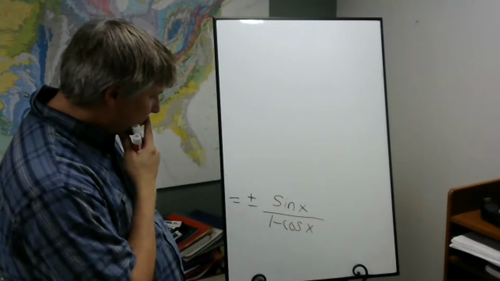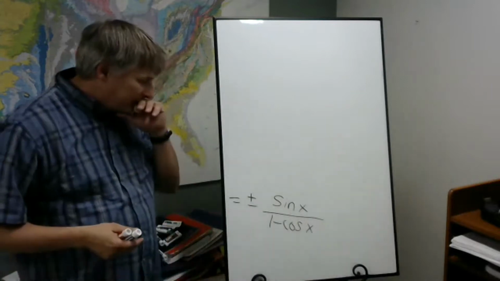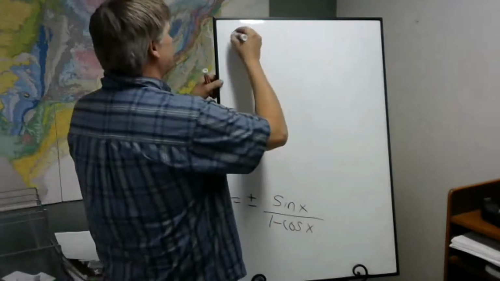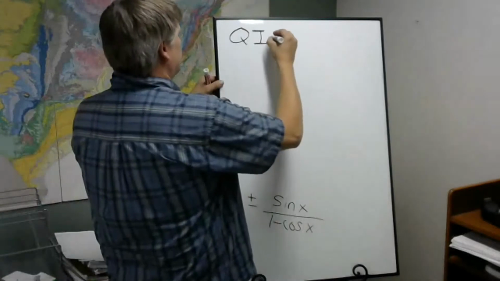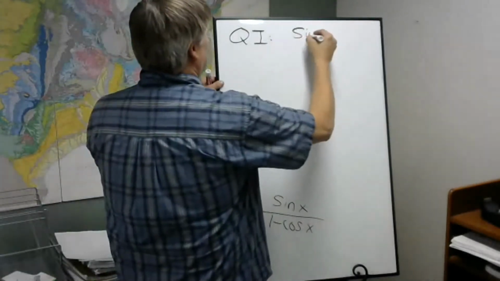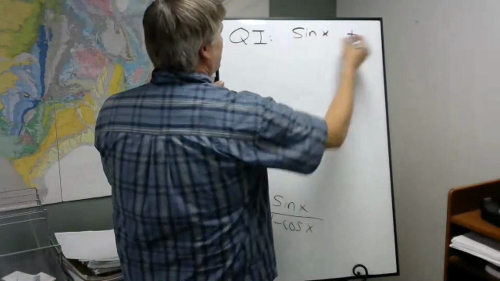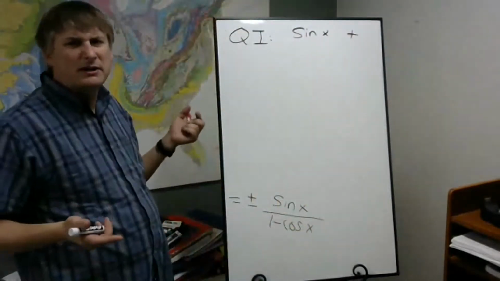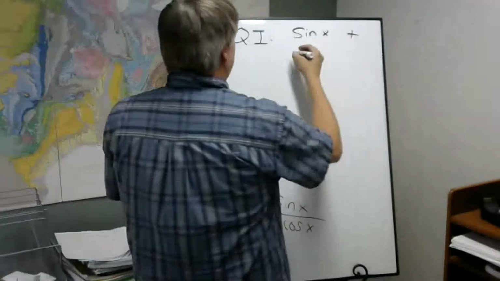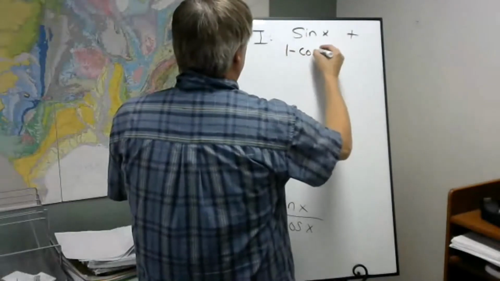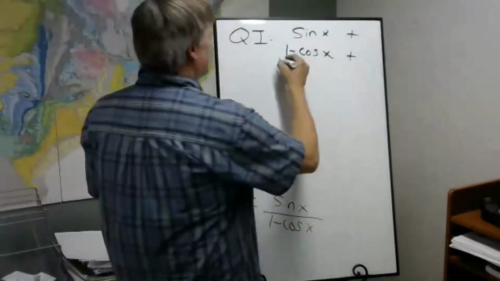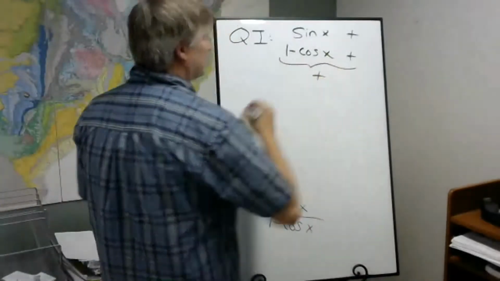Well, in terms of the first quadrant, this will always be positive. So let's think about this. Q1: sine x is positive, cosine x is positive, and 1 minus cosine x will be positive also. So everything here is going to be positive.